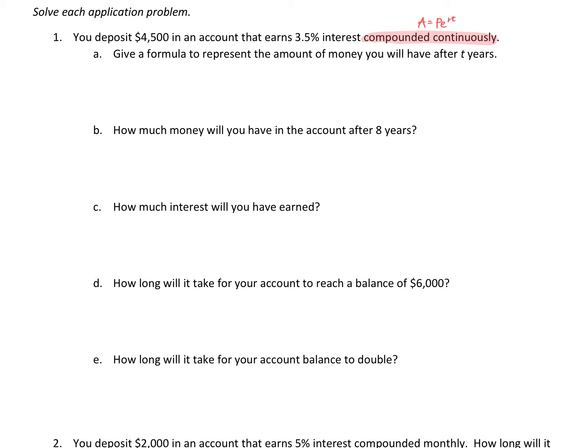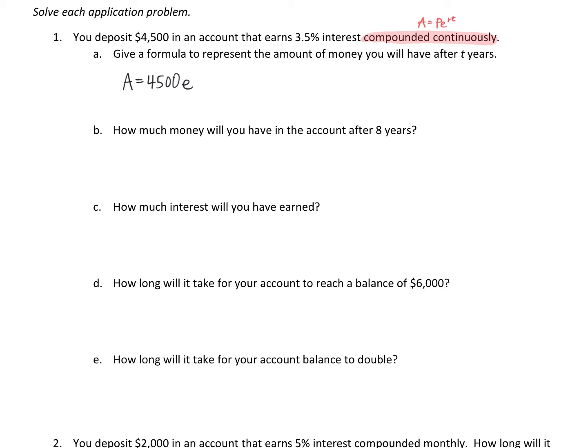So give a formula to represent the amount of money you will have after T years. So that means we're going to have A and T left as variables in our equation. So we will have A equals, the principal we know is $4,500 times e to the RT.